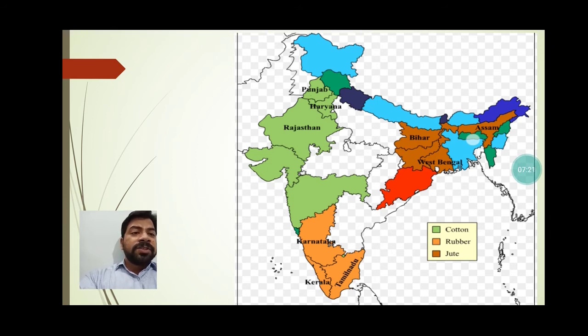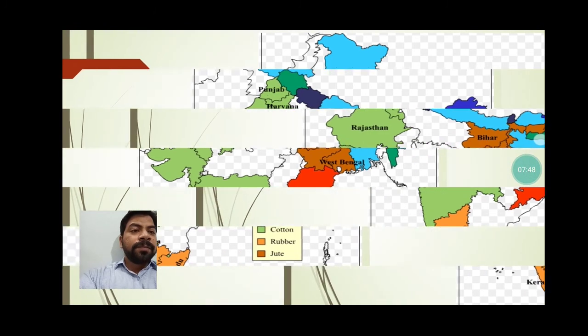Cotton you can see in Punjab, Haryana, Rajasthan, Gujarat, Maharashtra, and some part of Goa also. When we talk about rubber, then Karnataka, Kerala, Tamil Nadu, orange is indicating rubber plantation. Jute is cultivated in Bihar, West Bengal, Assam. These are the regions. So this map will definitely help you.